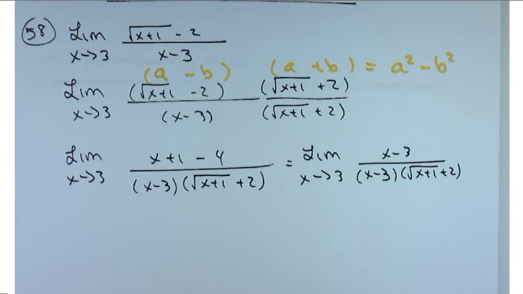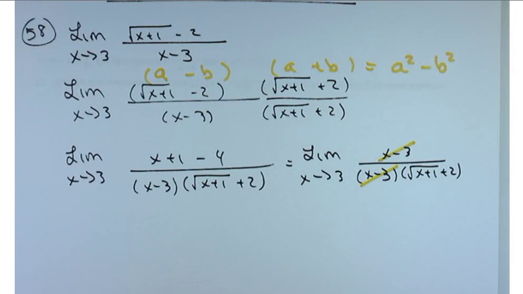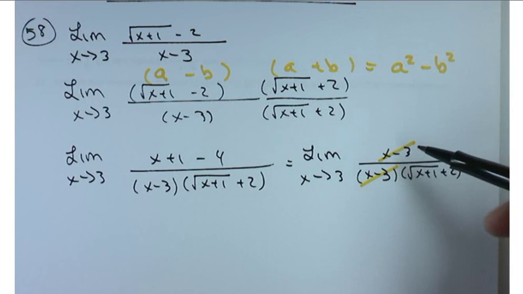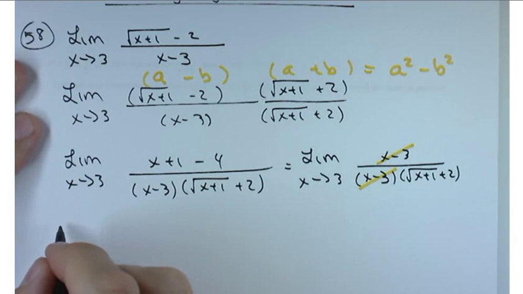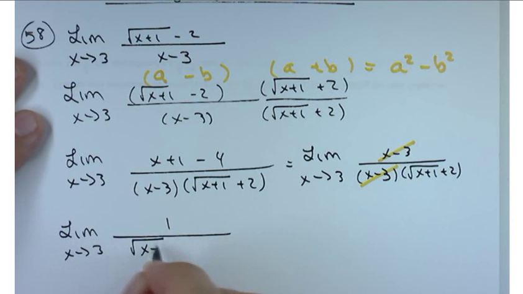Okay. And finally, that x minus 3 term that was giving us the problems vanishes. We can cancel it out. It's not important as far as calculating the limit. The limit as x approaches 3 of 1 over the square root of x plus 1 plus 2.